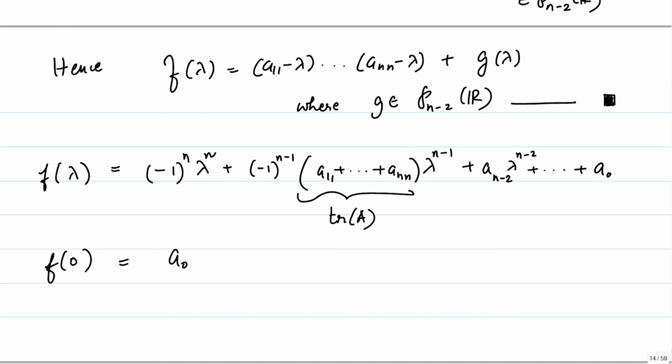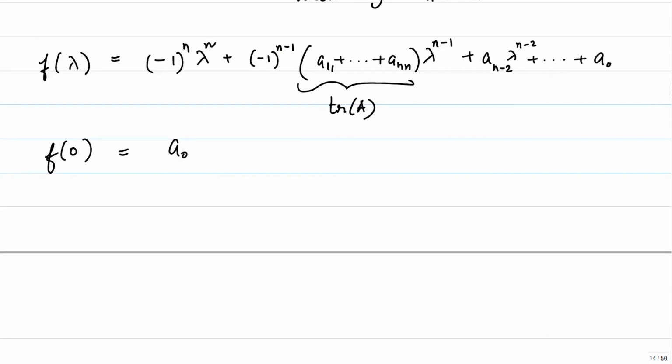So we know what a0 is if we can get hold of f of 0. But f of 0 is the determinant of A minus 0 times I, which is just the determinant of A. So a0 is the determinant of A.